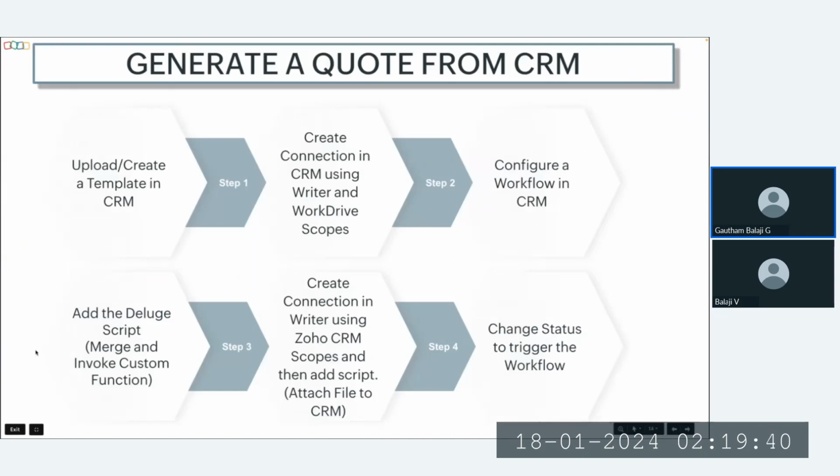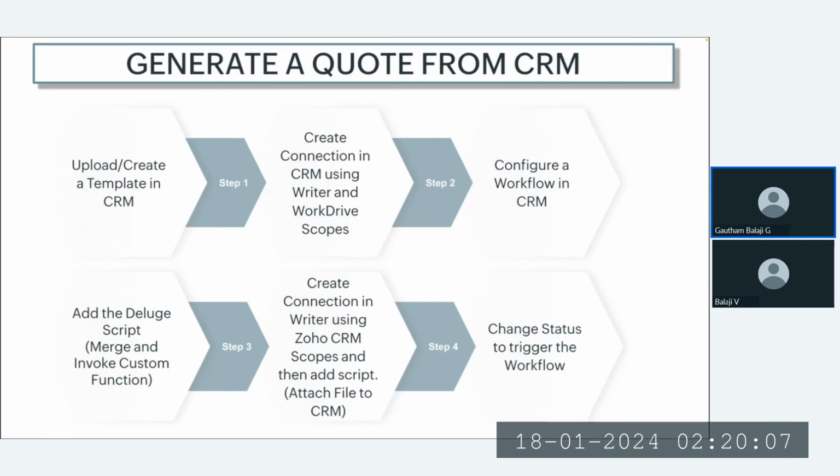First, we have planned an example where we are a sales team selling our product, and we have a client or a prospect who's going to be purchasing our product. What we require is a quote document to be created, and the quote needs to be added back to the CRM record.